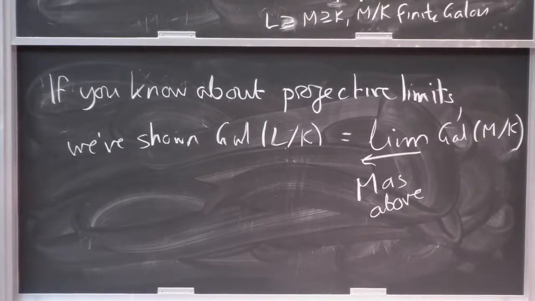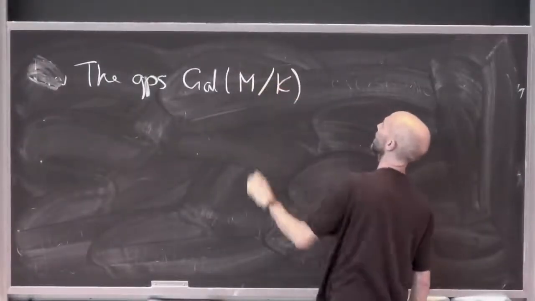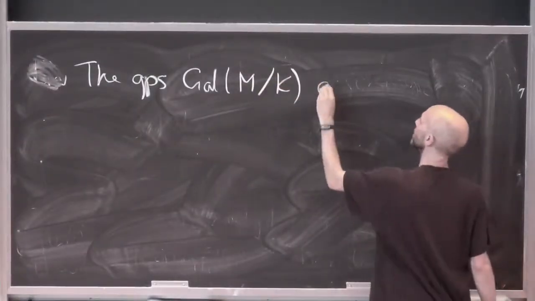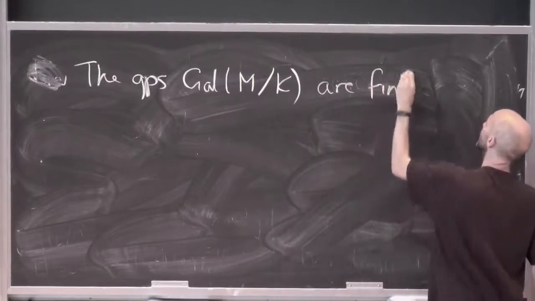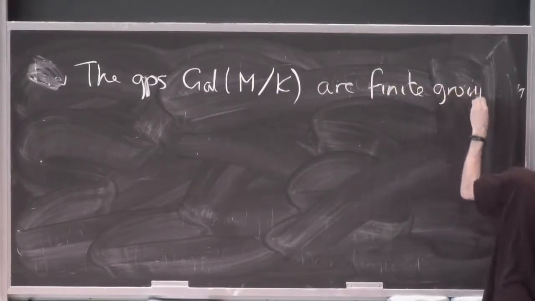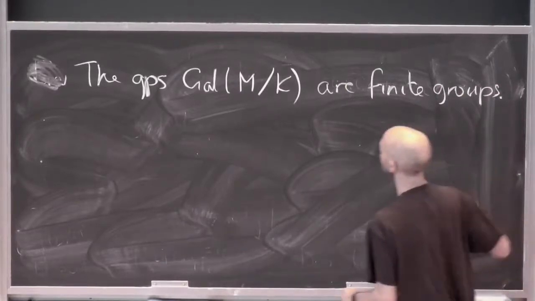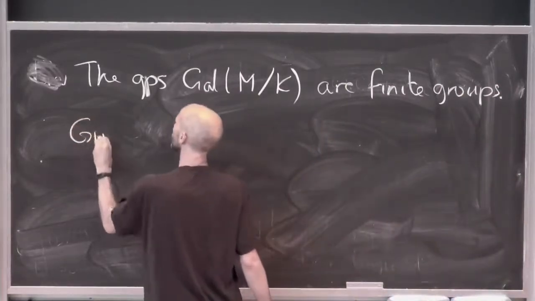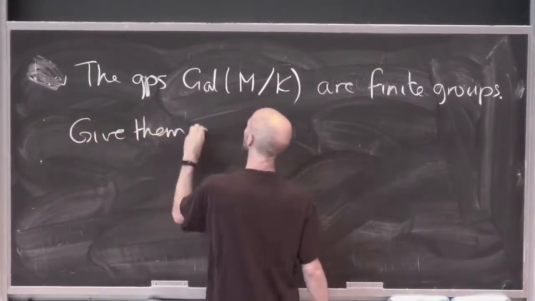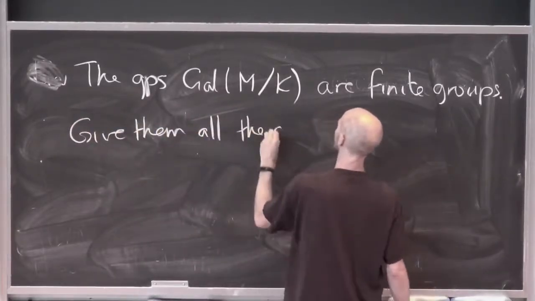Now, this is a little bit funny because the groups Gal(M/K) are finite Galois groups, so let me give them all the discrete topology.